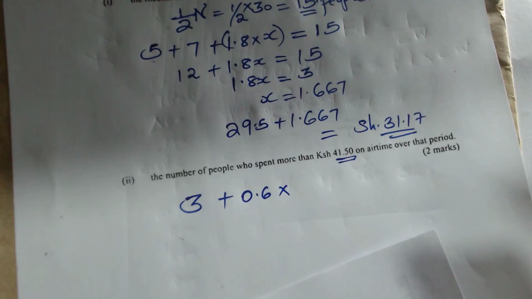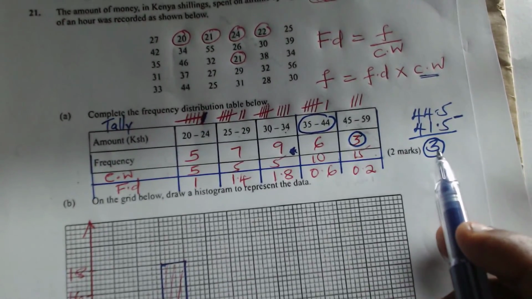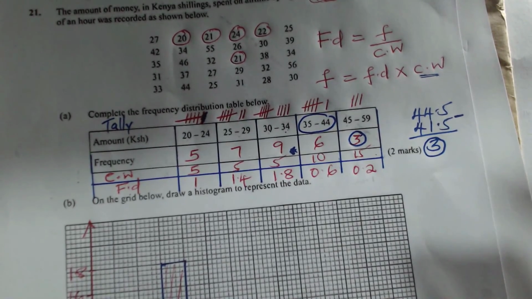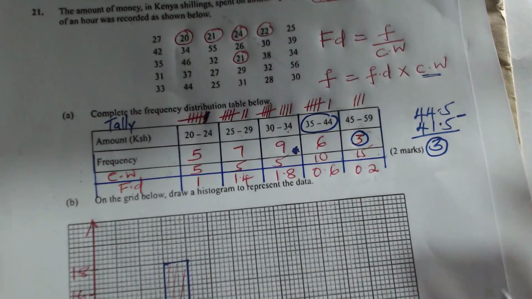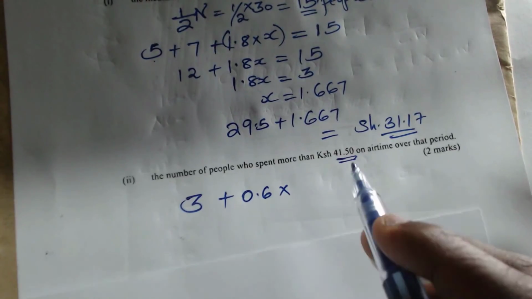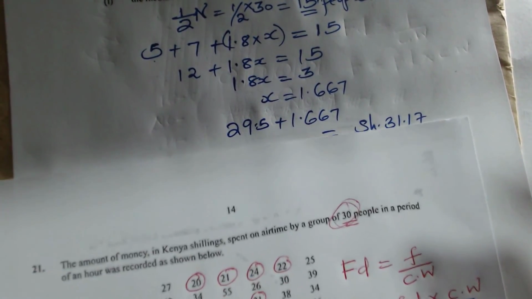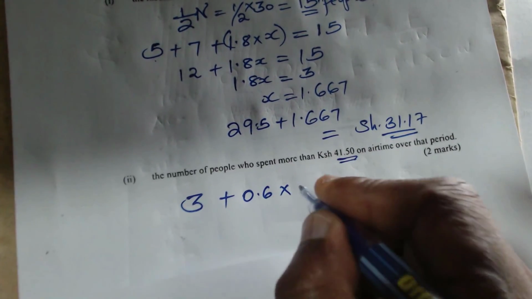So the class width here is 3. We have already calculated the class width is 3. That is from 41.5 to 44.5, because that is what you're interested in according to the question. So the class width is 3.